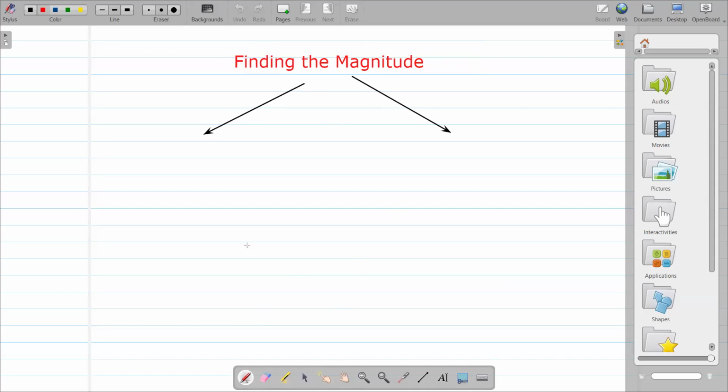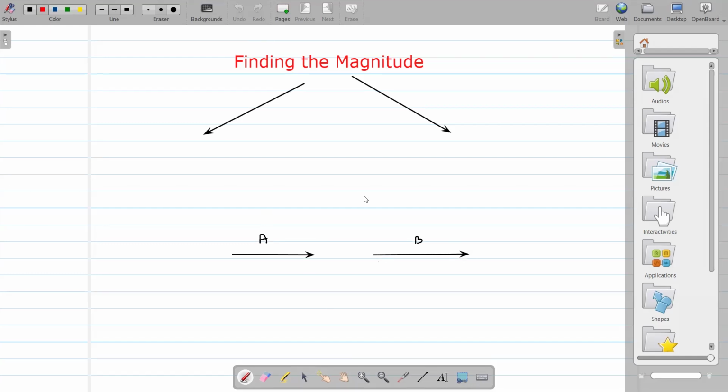For example, say this is vector A and this one is vector B. If you want to find the resultant, it is the same way you work out the resultant. First you draw vector A, then from the head of the first you draw vector B. And what is A plus B in this case? From the tail of the first to the head of the last, that will be A plus B. That will be the resultant.